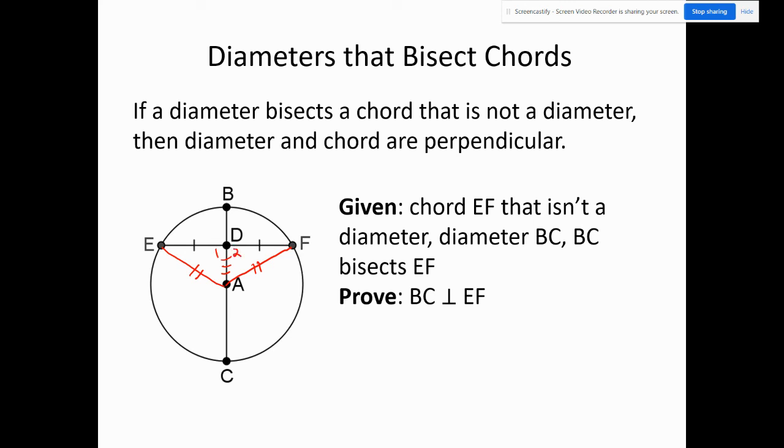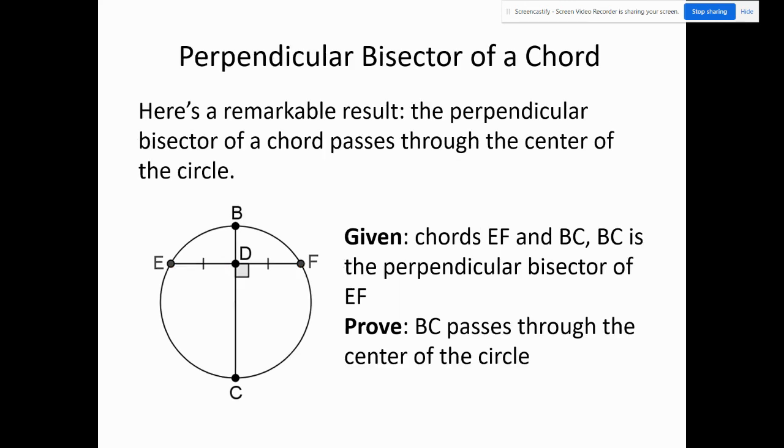And then there's a maneuver that we haven't made in a while that I suspect you remember. What follows now about angles 1 and 2? They're equal, but they're also a what? They form a straight line, so they're both right. That's the T theorem, right? They're a linear pair, they're equal, so they're right angles. Oh, but that's what we're supposed to prove, right? That BC is perpendicular to EF. See, it's just triangle congruence again, okay?